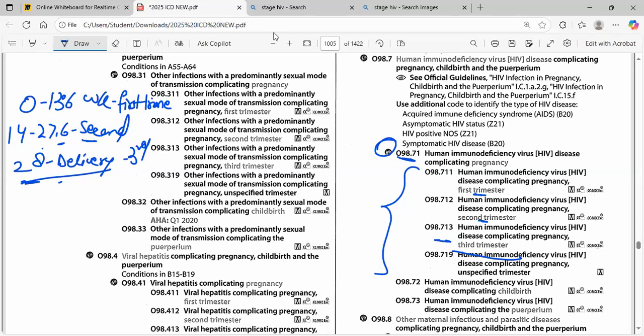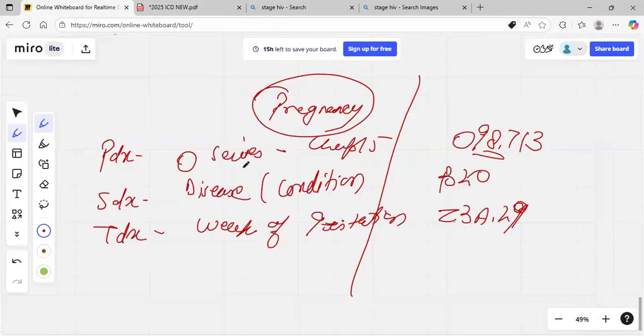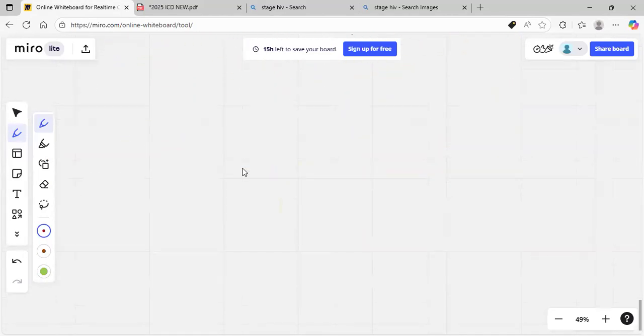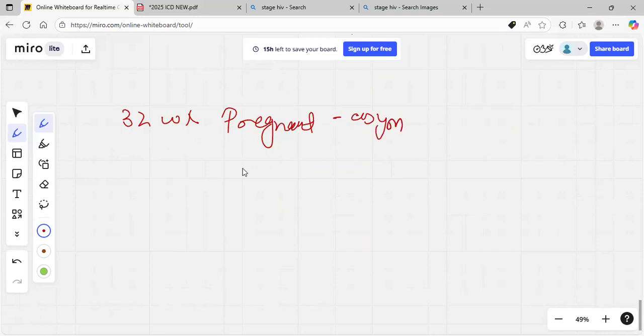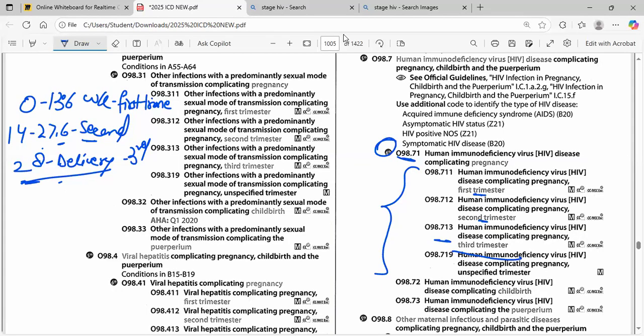So our question is: the patient is 32 weeks pregnant and coming with asymptomatic HIV. Whenever a girl is pregnant, we have to find a code from the pregnancy section.